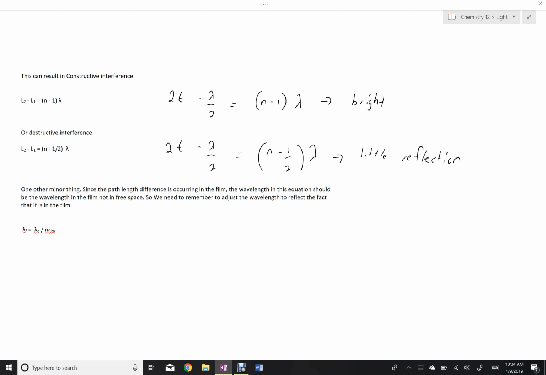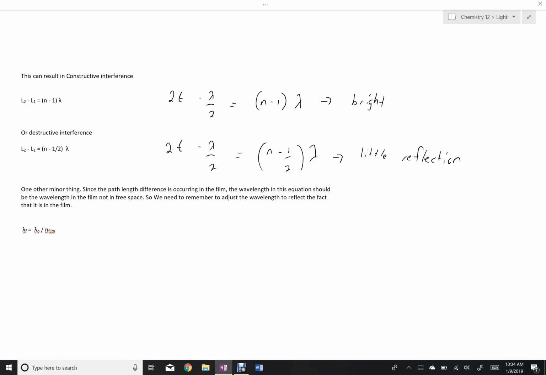There's one other small thing to remember when doing these equations, and that is that the interference we're going to be observing is happening inside the film, not out in free space. And remember that the frequency of light, or any wave, is constant when it moves from one medium to another, but its wavelength changes to allow it to change speeds.